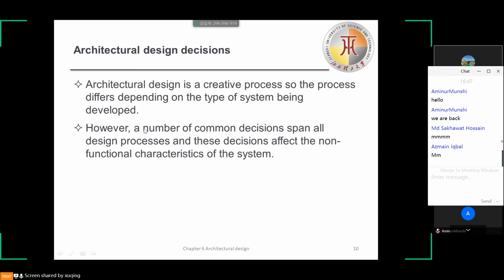Also, it depends on the background and experience of the system architect and the specific requirements for the system. Therefore, it is useful to think of the architecture design as a series of decisions to be made rather than a sequence of activities. That's why we also call it architectural design decisions.